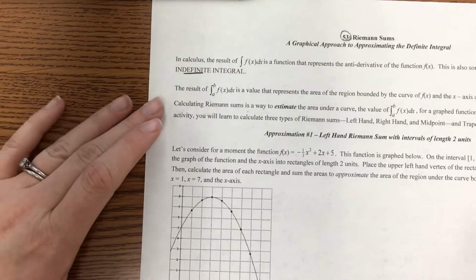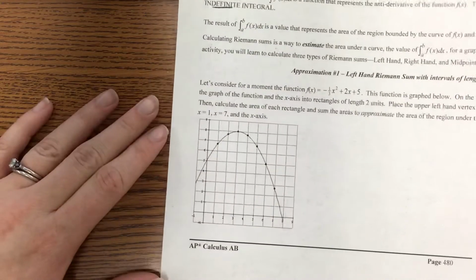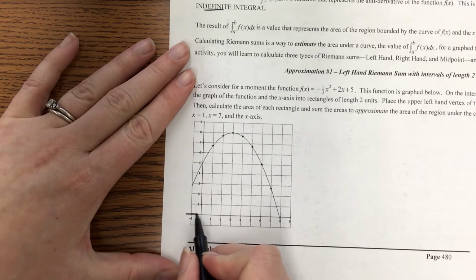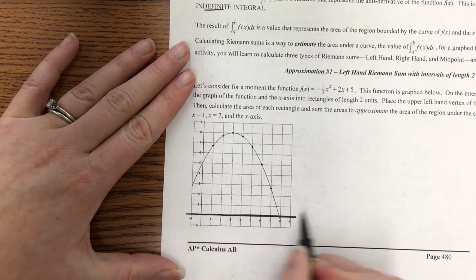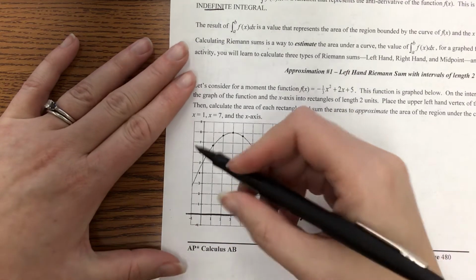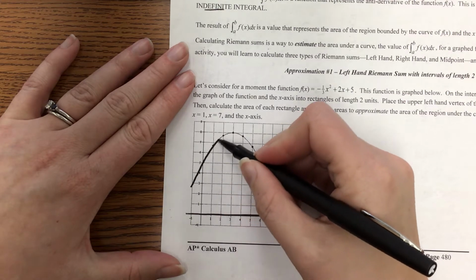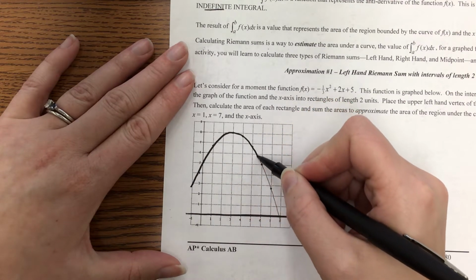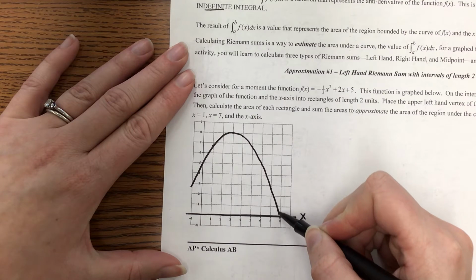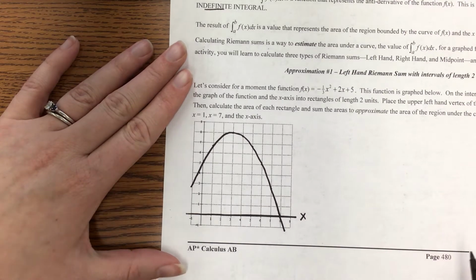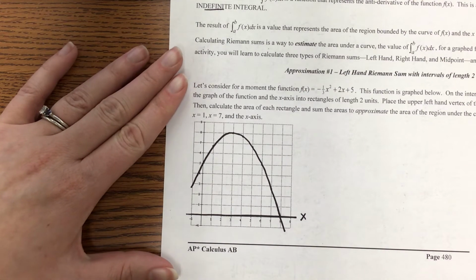We have an x-axis, that is down here. We have a function. This is f of x. Then we are given two other pieces of information.